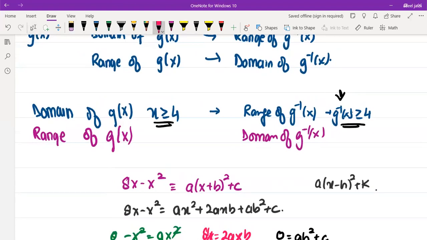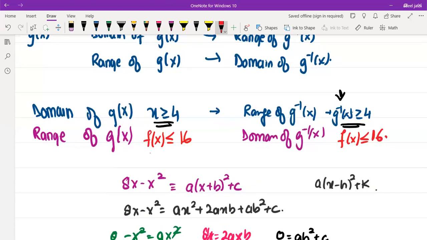Now you know that your range of g(x) is f(x) less than or equal to 16. Similarly, your domain of g inverse of x is represented by f(x), so I'll write down f(x) less than or equal to 16.